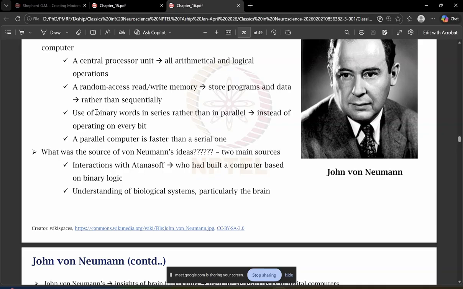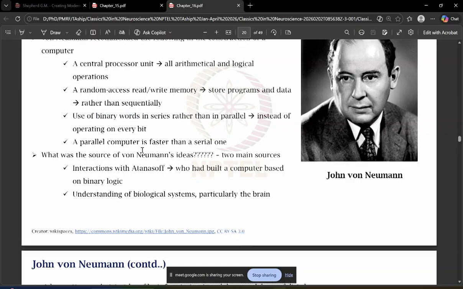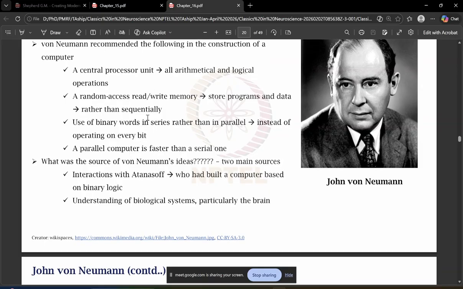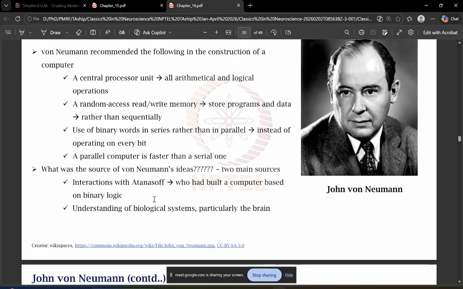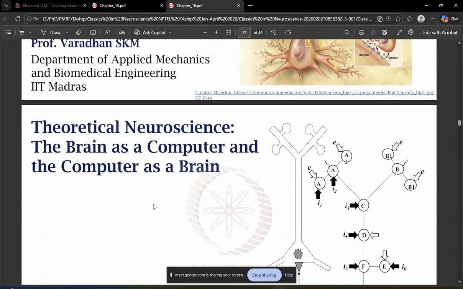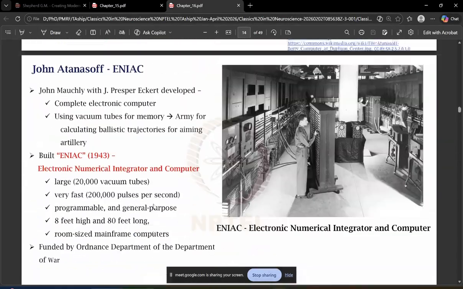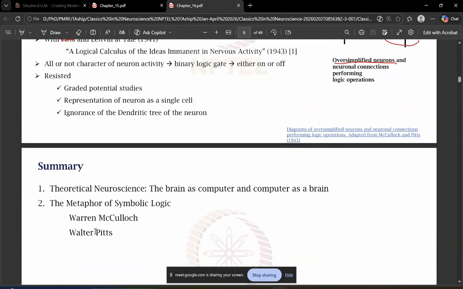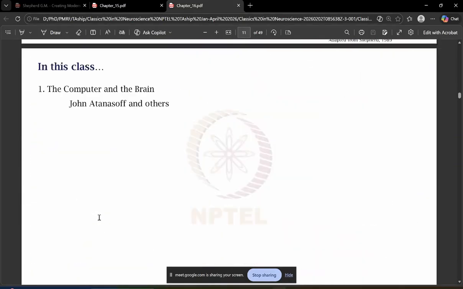Similarly, the use of binary language for making the EDVAC computer. These are all probably ideas that von Neumann sourced from the oversimplified neurons processing logic given by Warren McCulloch and Walter Pitts.